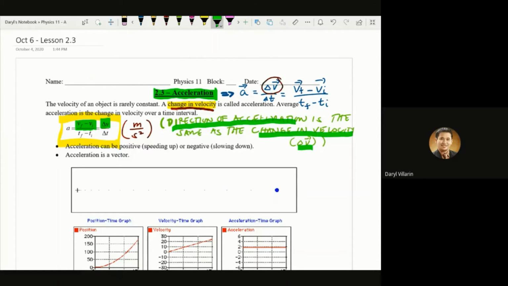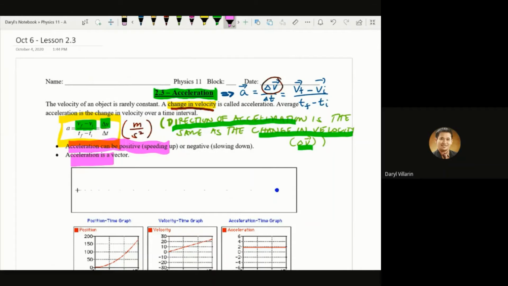Remember that it has a different definition. The change in velocity is not the same thing as the velocity, because change in velocity is a quantity that involves the final and the initial velocities. So acceleration can be positive, speeding up, or negative, slowing down. Acceleration is a vector quantity, so it has direction. Again, the direction of your acceleration is equivalent to the change in velocity.